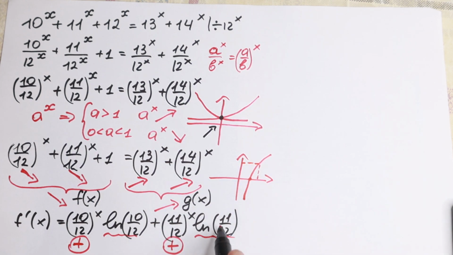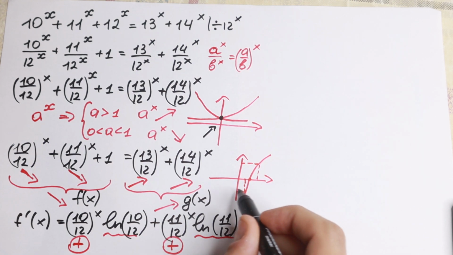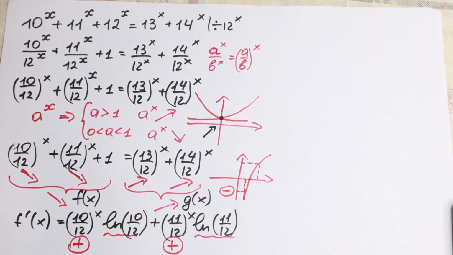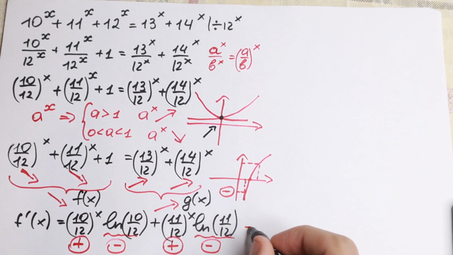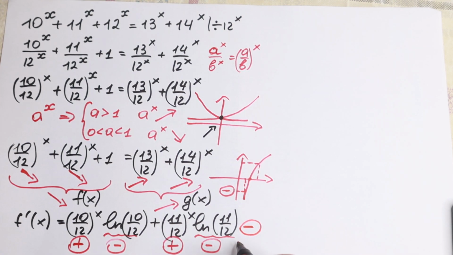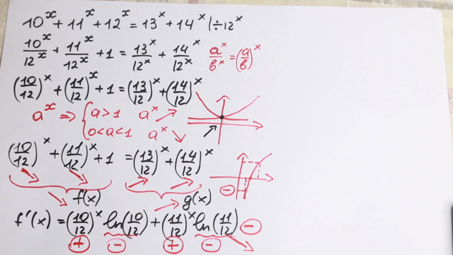But right here we have a natural log of a value less than 1, so it goes right here, and we will have negative y. So right here we have negative, and right here negative. So plus times minus will be minus, and plus times minus as well. So this function will get a negative sign. So this function is decreasing. As you can see, we proved this with the derivative.